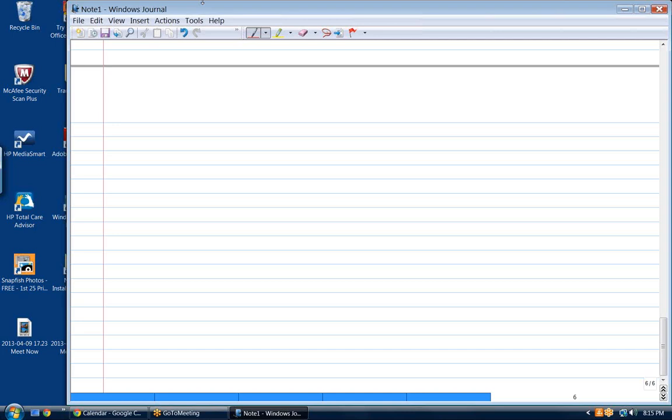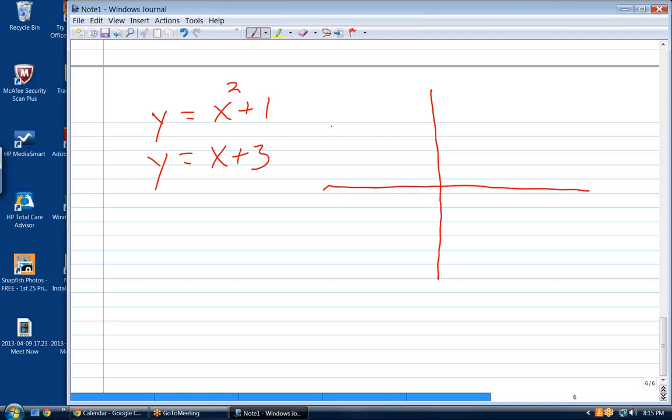Let's look at 23, which is y equals x squared plus 1, and y equals x plus 3. Well, okay. Let's graph those. That's just a regular parabola shifted up by 1. So it looks like that.